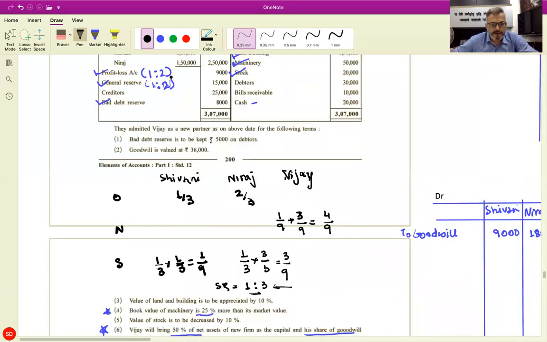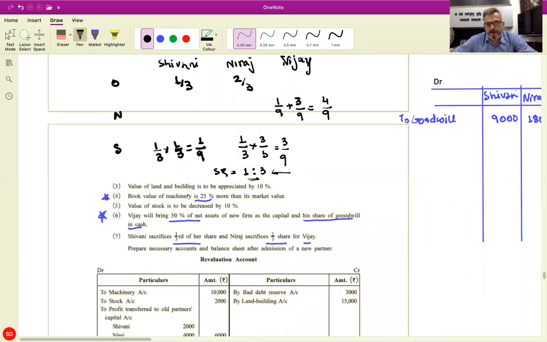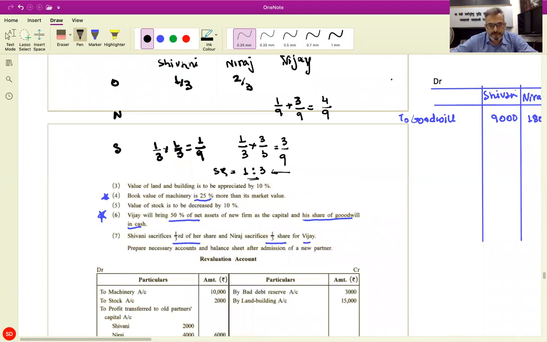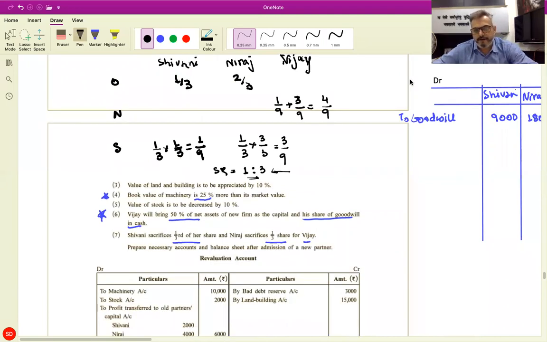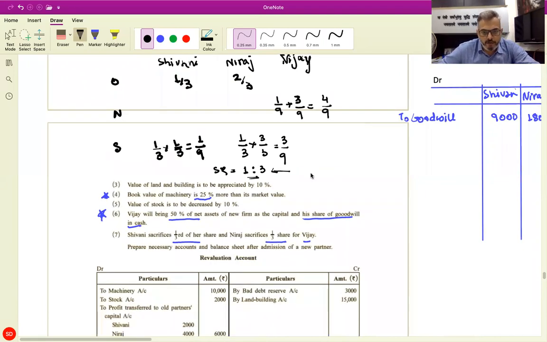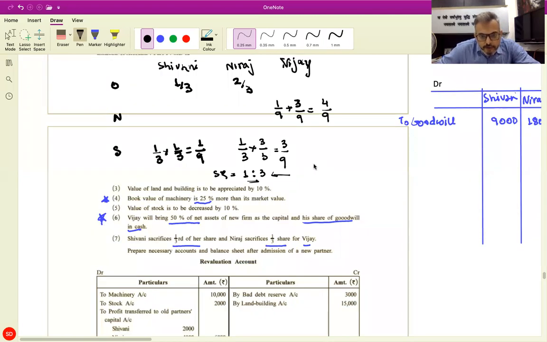Next adjustment, book value of machinery is 25% more than its market value. Now, let's say if market value is 100, book value is 25% more, so book value is 125.